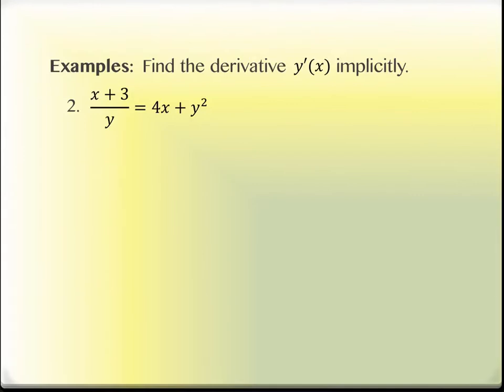That's not helpful because then I'm going to just flip it over and have a quotient on the other side. Y over 1. Yeah. So it's not absolutely the only way to do it, for sure. But if I multiply both sides by y, I won't have a quotient rule. I'll simply have x plus 3 on the left. I'll have 4xy and y cubed on the right. Is that okay?